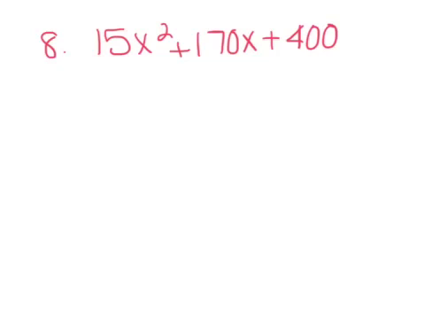If we look at number 8, what GCF do we have in number 8? Lilia? Right. And so you're going to factor out your 5, leaving you with 3x squared plus 34x plus 80.